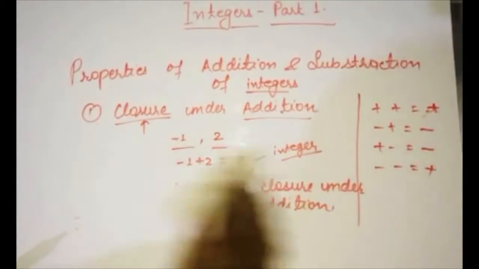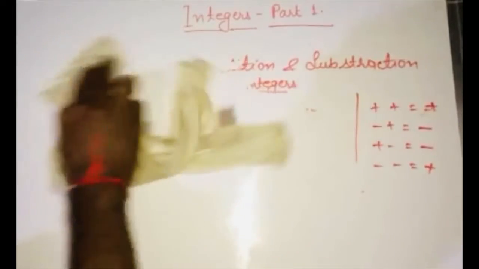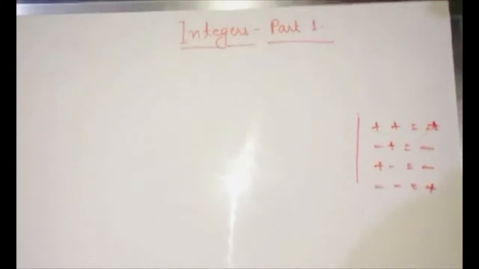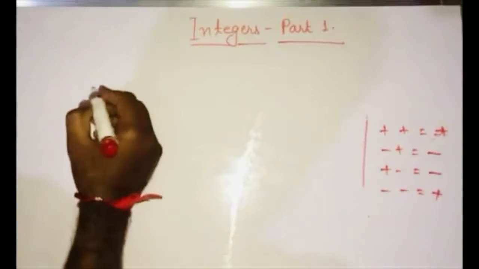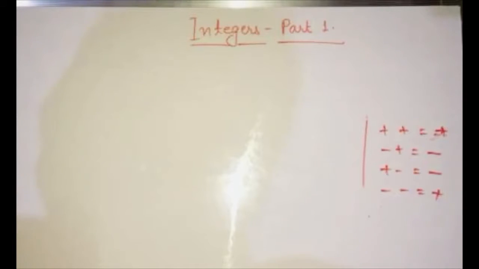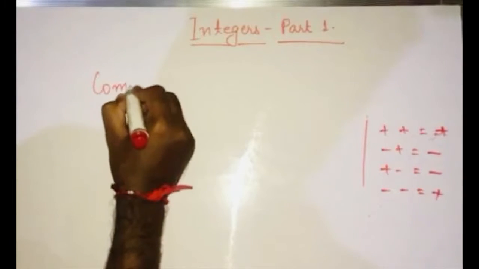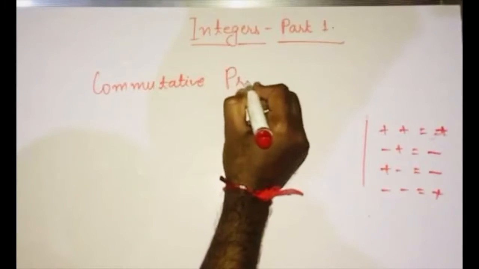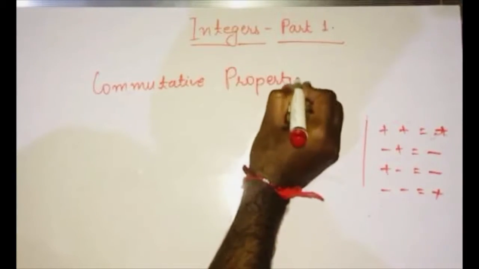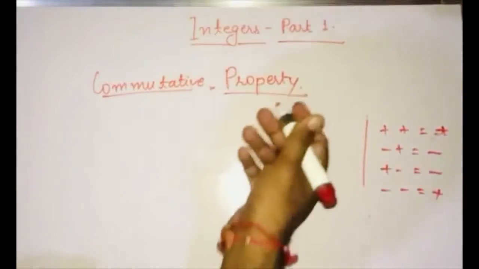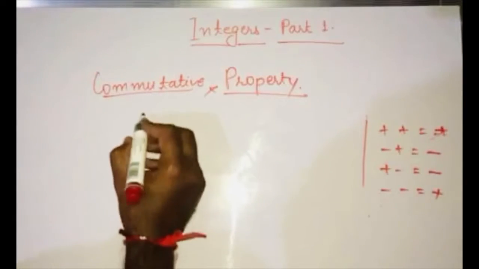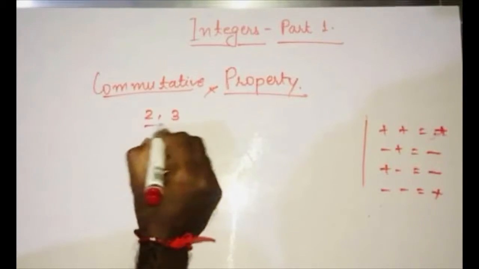Now the next one we will see: there are two more important properties, because they apply only to addition and not to subtraction. The next one is the commutative property. To understand the commutative property for integers, first you check for whole numbers. Suppose I take 2 and 3, two whole numbers.